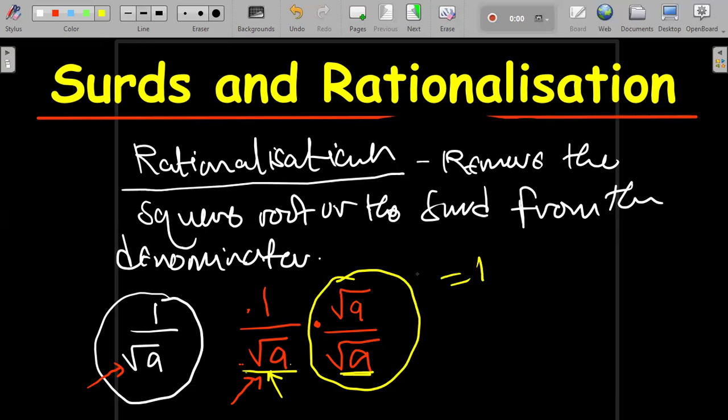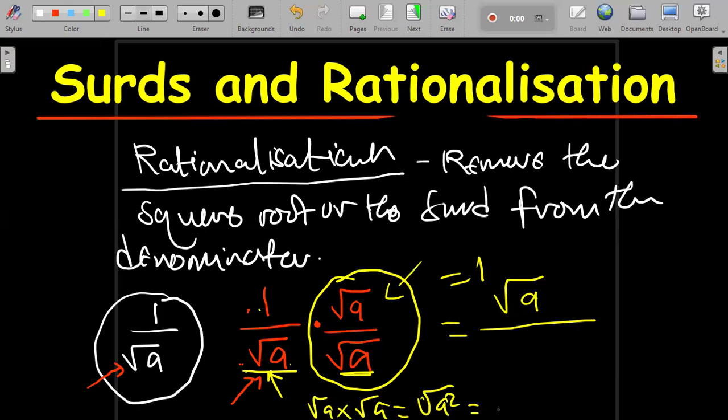Once we multiply, 1 multiplied by the square root of a gives square root of a, divided by, down there, remember those rules: root of a multiplied by root of a becomes root of a squared, and this just becomes a. So the roots cancel, and here we just write a.